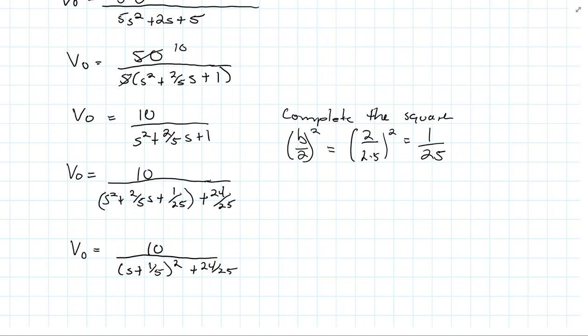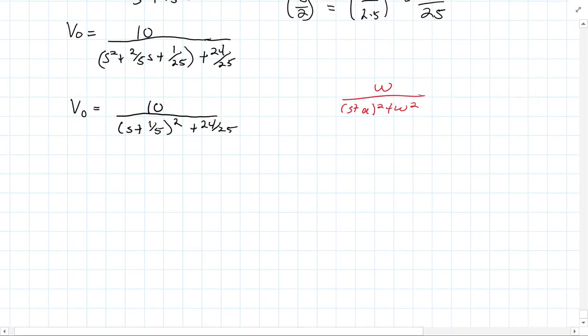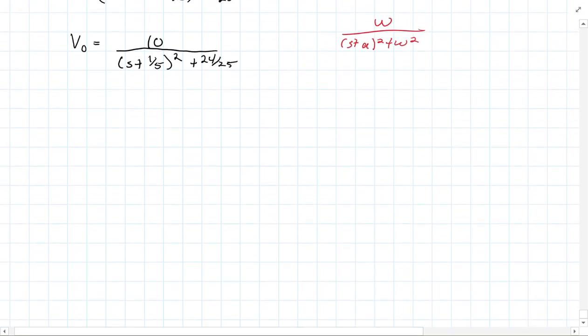But we can clearly see here, I'm claiming that we have omega over s plus a squared plus omega squared. I'm claiming we're in this form, and we are, but we have a little bit of work to do. First off, what's the work we have to do? Omega squared is equal to 24 over 25.